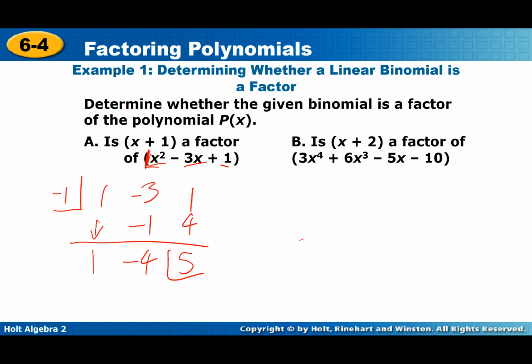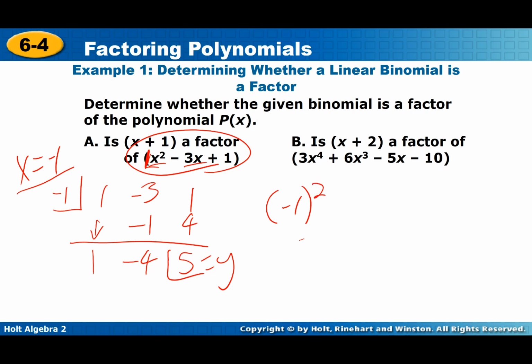Now, what this means: my a value is really an x value, like x equals -1, as I mentioned earlier. When x is -1, my remainder is actually the y value at that x value. So if you plug -1 into this polynomial, it should end up being 5.